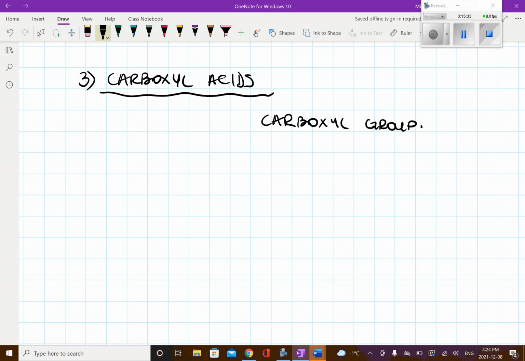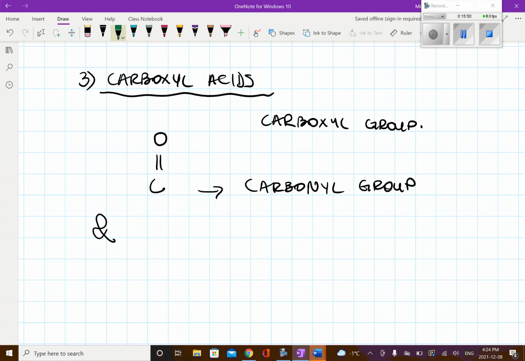So you have a carbon, and this is known as the carbonyl group. And the other one is the hydroxyl group, the one that we just saw in the previous section.